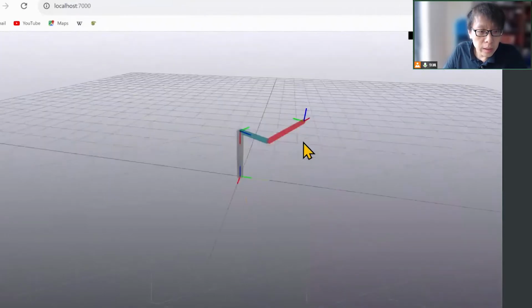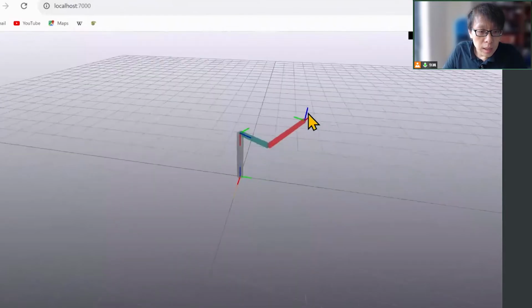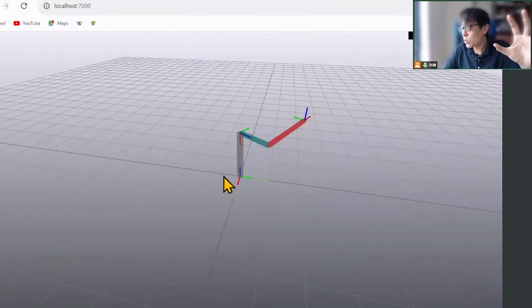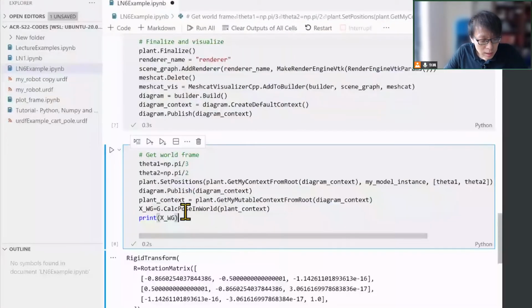Okay, so that looks right. And now we can compute, right? This end-effector frame has a pose in the world frame. Okay, we need to compute that. In Drake, they can directly say, because I attached this end-effector frame as G, right? I define it as G, and after I set the positions, I can say G calculate pose in world, and give it the context.